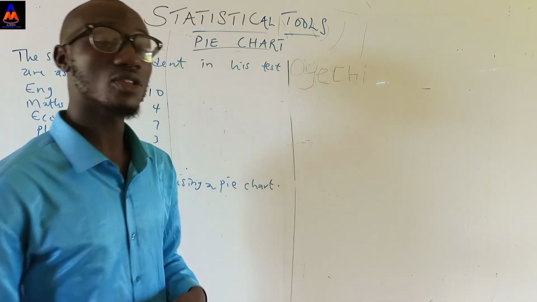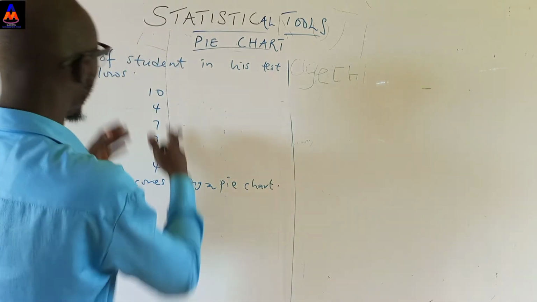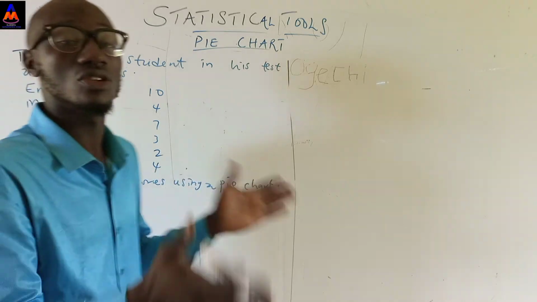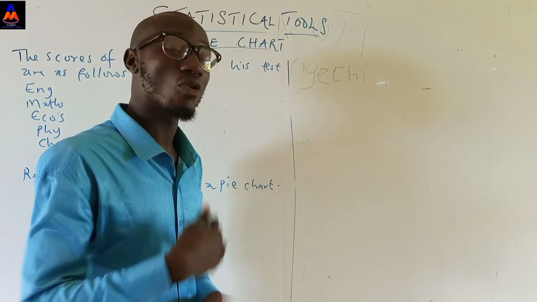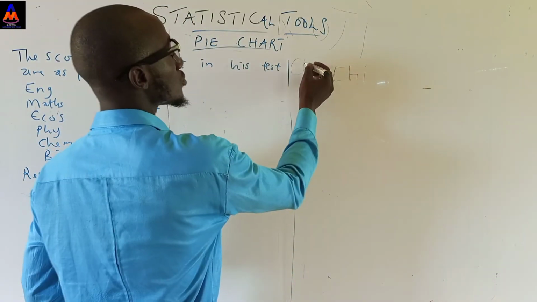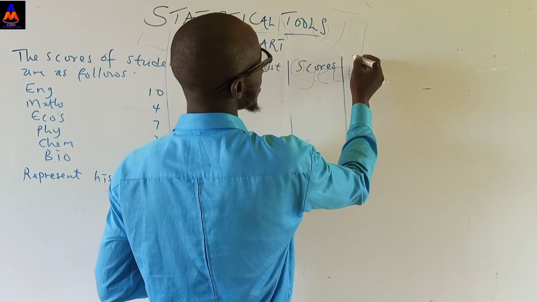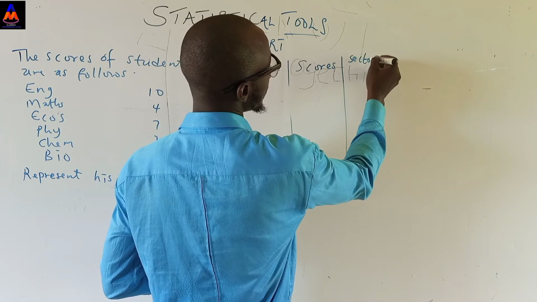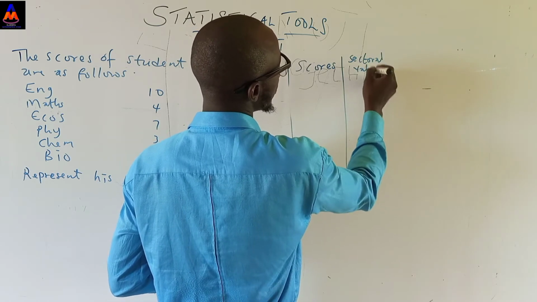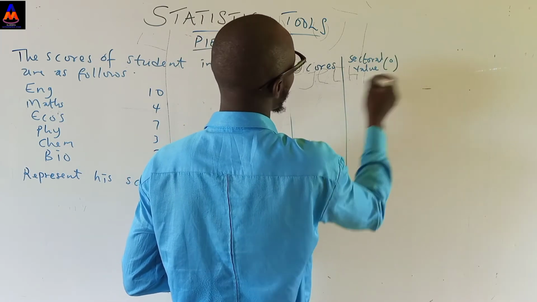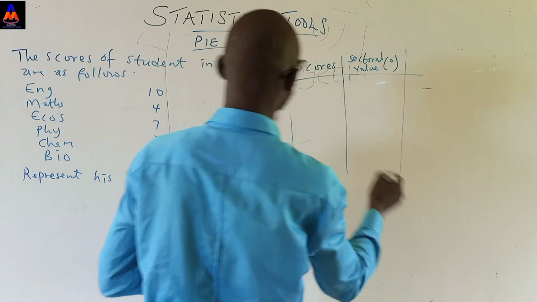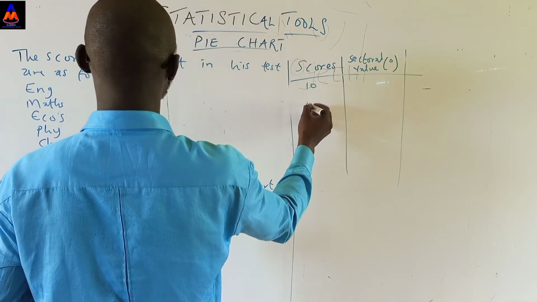If you are to represent using a pie chart, these values are in ordinary numbers, but you have to convert them to degrees. The first thing is to draw your table. You have scores, then you have the sectorial value. This one is in degrees, of course. So in that case, we have 10, we have 4.